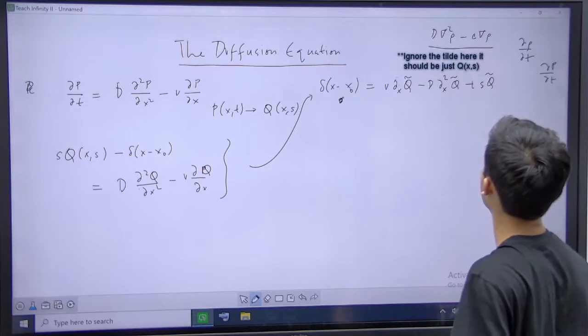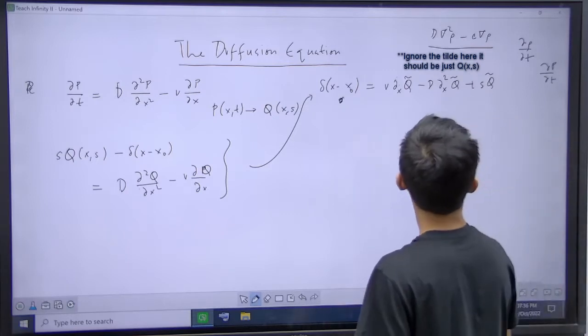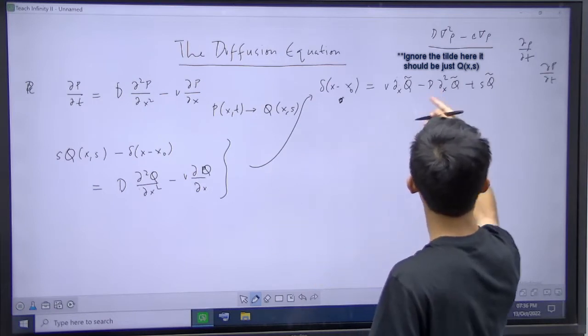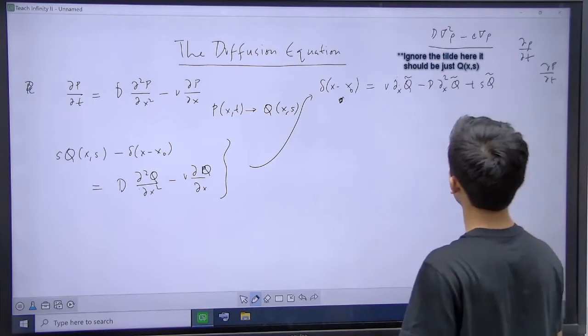I won't write that out. Okay, so we can directly fill in these q tildes in terms of q.